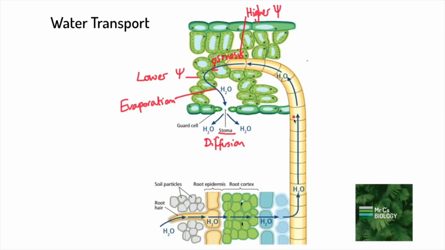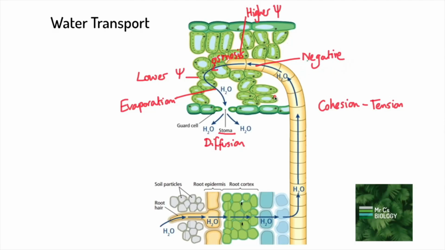This osmosis means that there's now a tension going down here. You'll remember that all the water molecules have cohesion, they have hydrogen bonds, which mean they stick together very well, and there's also tension. This tension is formed because as the water moves out by osmosis, we get a negative pressure at the top of the xylem.